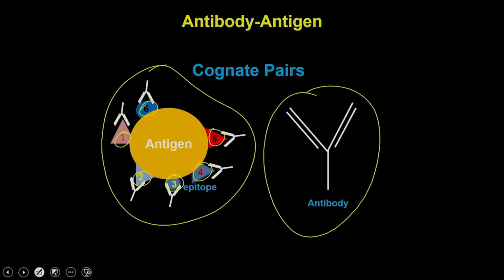What you can see is all these epitopic regions are antigenic in nature, so they are actually producing the antibodies, and all these antibodies are exclusive to their epitopic region.